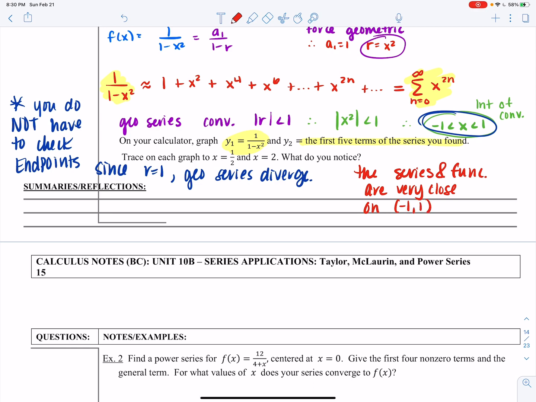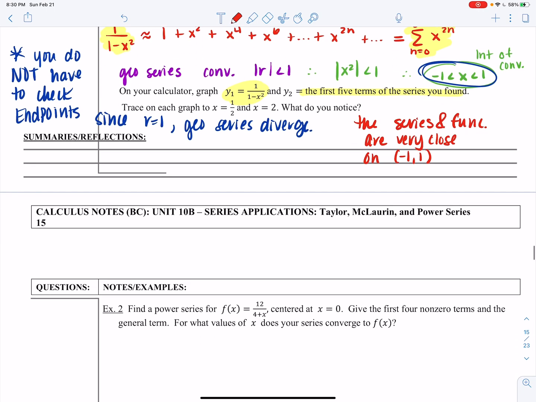But after that, they're very far apart, which means anything outside of the interval -1 to 1 is not convergent. Not a good approximation.